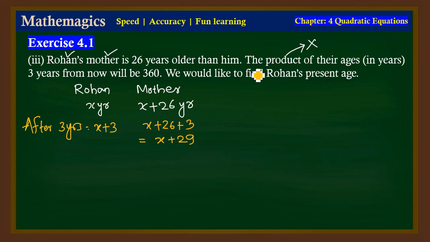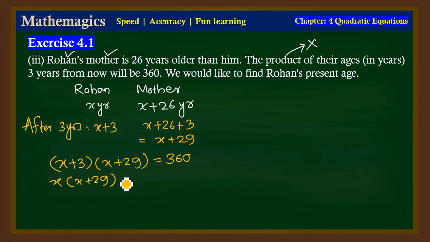And the question is saying the product of their ages 3 years from now will be 360. So according to the question, x plus 3 into x plus 29, the ages of both the people, is equal to 360. So simply just multiply. As we know the distributive law, x into x plus 29 plus 3 into x plus 29 is equal to 360.